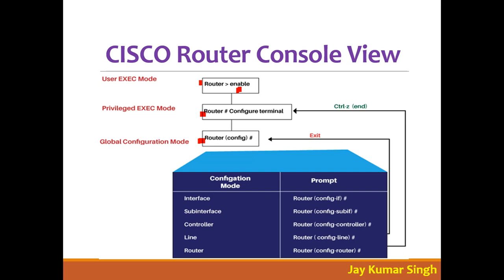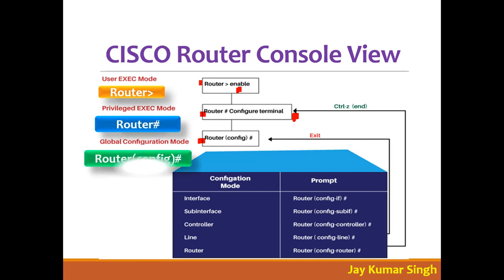If I type the command enable, I can come to privilege mode and then slowly move on. So this is your user mode, this is your privilege mode, this is your global configuration mode, and these are some sub configuration modes.